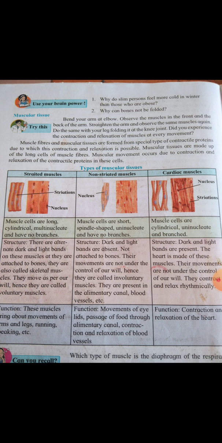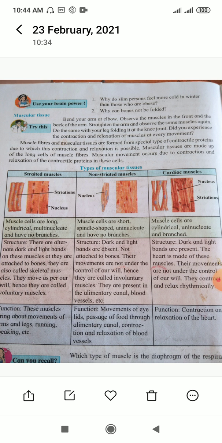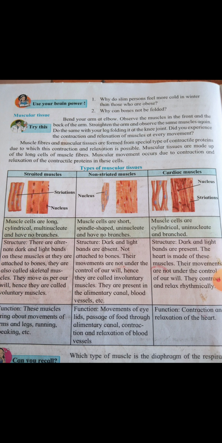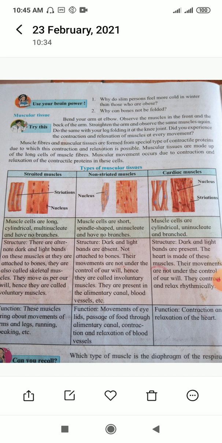Non-striated muscles are short, spindle shaped, uninucleated, with no branches. And cardiac muscle is cylindrical, uninucleated, and branched. Then structure: striated muscles have dark and light bands and attach to bone, so they are called skeletal muscles.